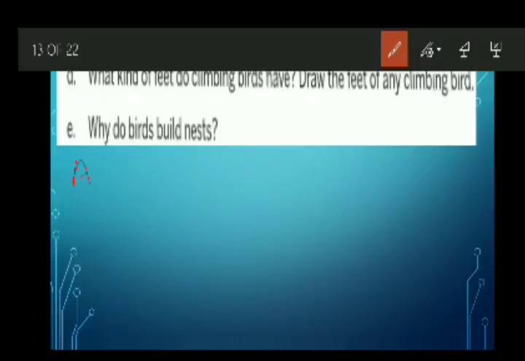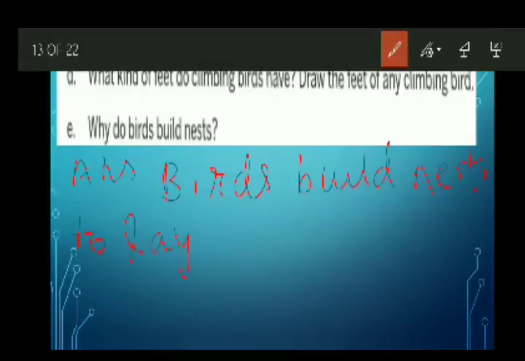The answer is: birds build nests to lay eggs and take care of their young ones.